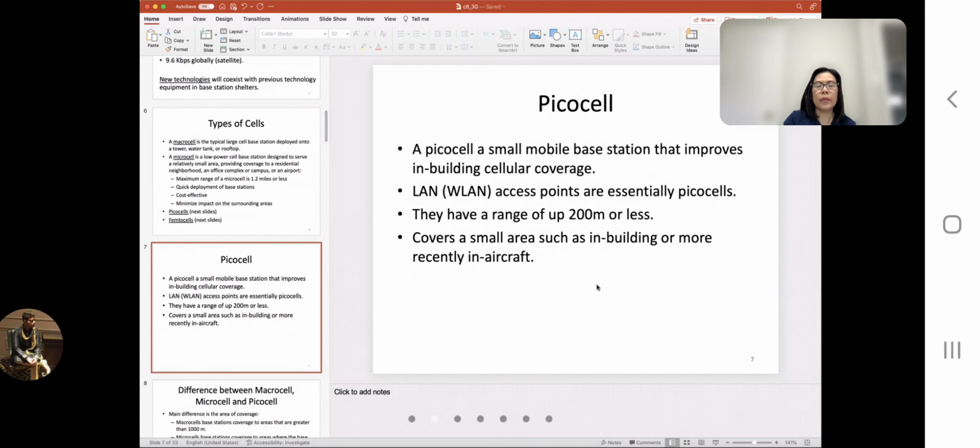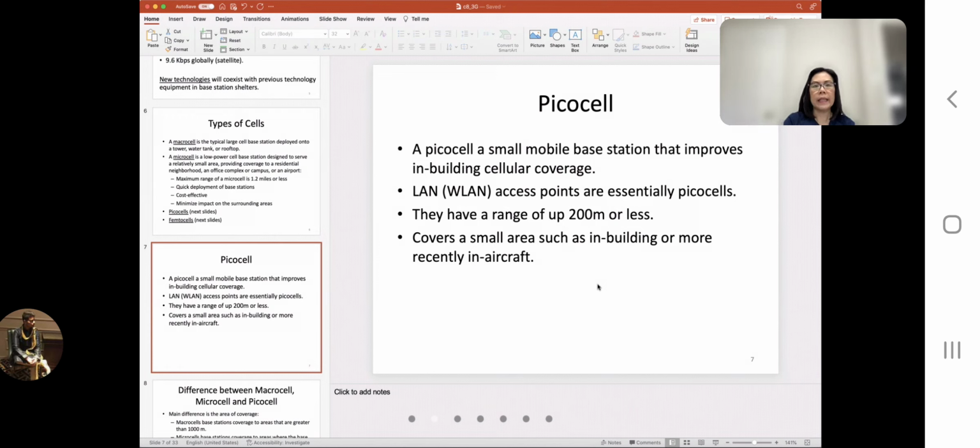The next type of cell is the picocell. A picocell is also a small mobile base station. We use picocells to improve the in-building cellular coverage. Remember, in a previous lecture, we talked about some buildings having a kind of metallic cover outside the building for environmental purposes, to reduce heat or to reduce the cold. Those metallic covers would reflect the signal, and the signal cannot penetrate the walls of the building.